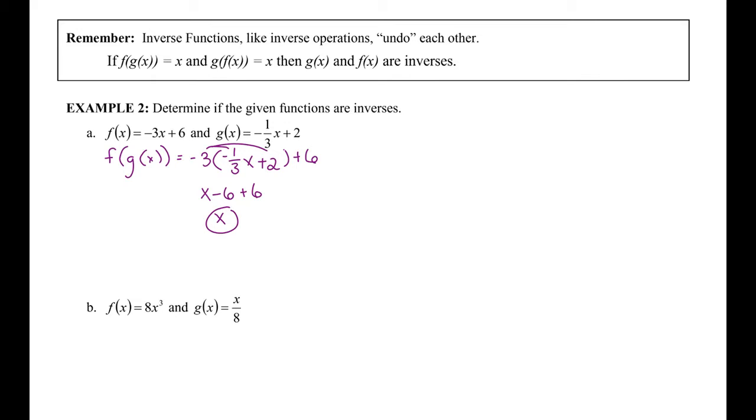You also need to check g of f of x, which means this time I'm going to start with the g function. So I have -1/3. Instead of x, I'm putting parentheses again, plus 2. And I'm going to plug in my f function, which is -3x plus 6.